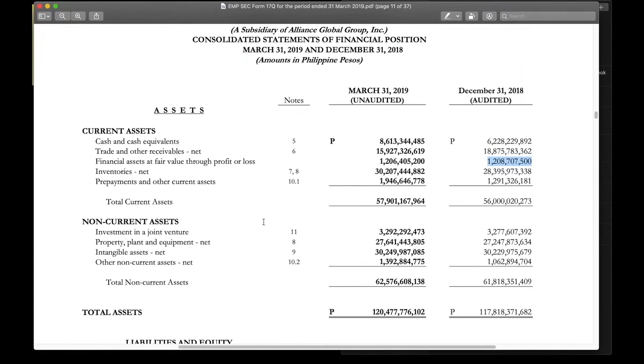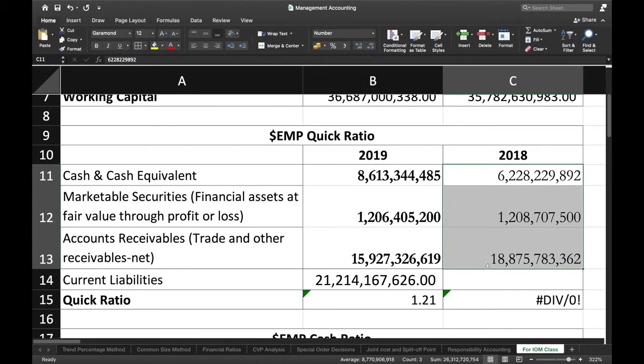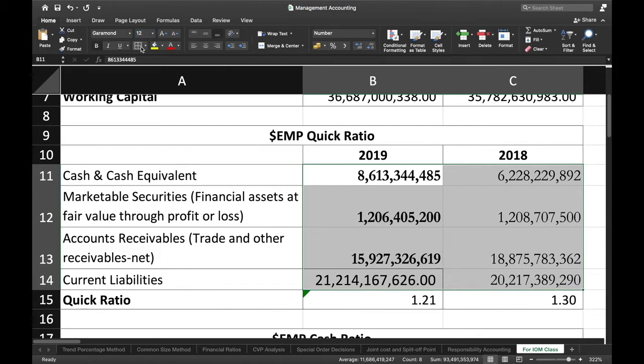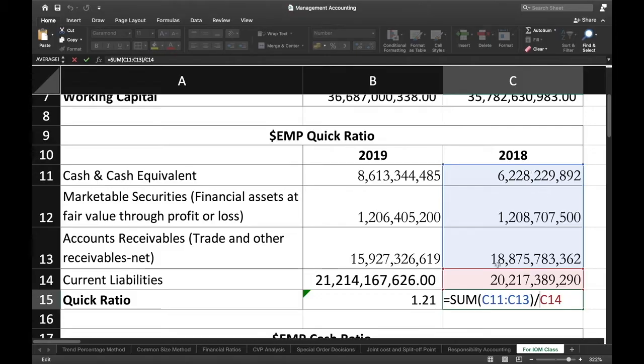For the total liabilities, current liabilities for the year 2018, copy. And paste. Okay, so we're here. Okay, now, guys, as you can see, same ng formula. Ayan, summation ng tatlo over the current liabilities.